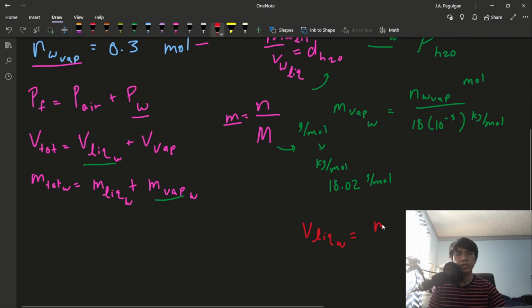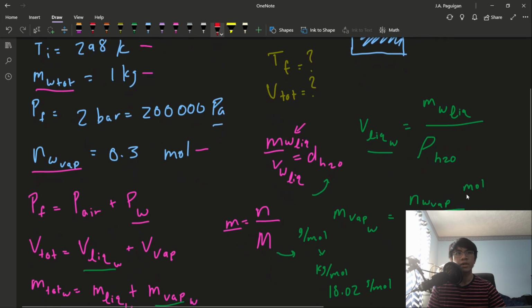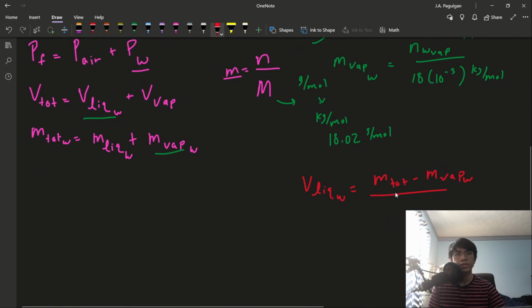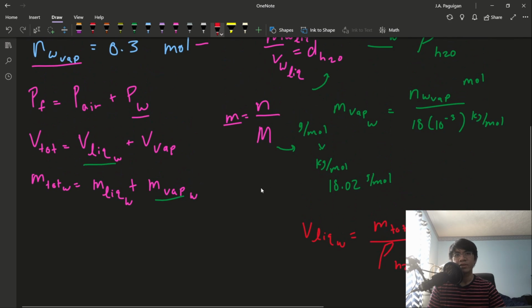So subtracting from the mass total the mass of vapor, over, this is our mass liquid, mass of the water liquid, over our density, which is rho L. Sorry, rho water. I mean rho L, I guess, for liquid.